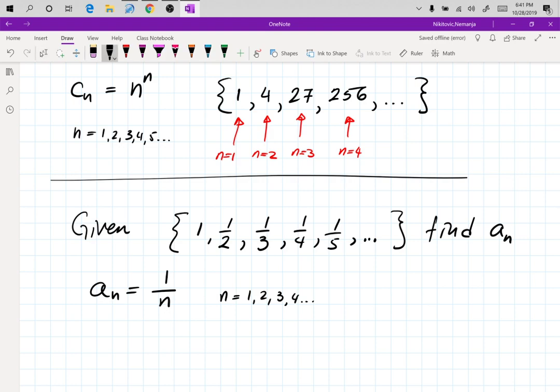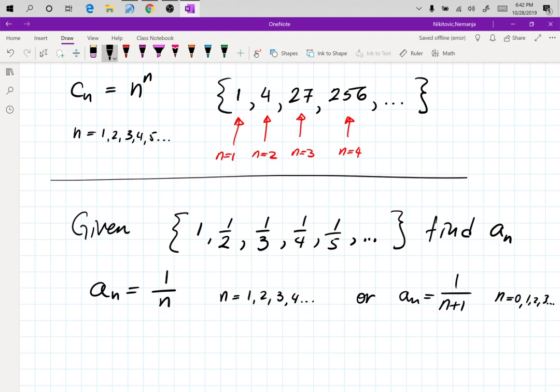Yeah. Or you can say an is 1 over n plus 1, and you start counting at 0, right? It's okay. If your first value is 0, 0 plus 1 is 1, 1 over 1 is 1. Awesome. So that one works as well.